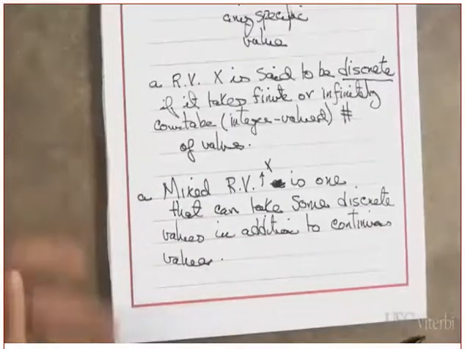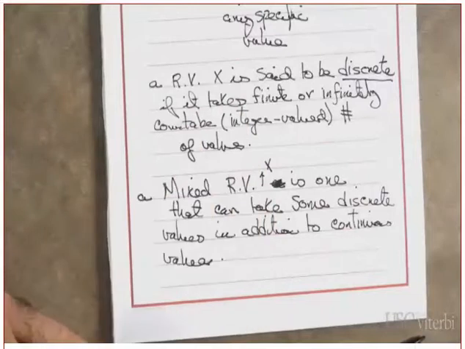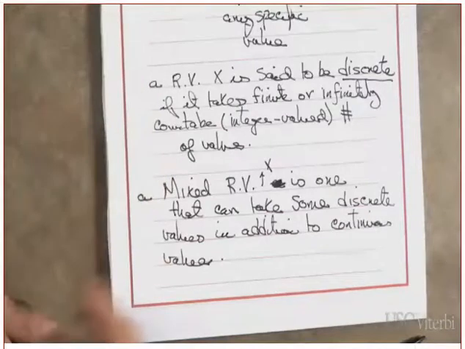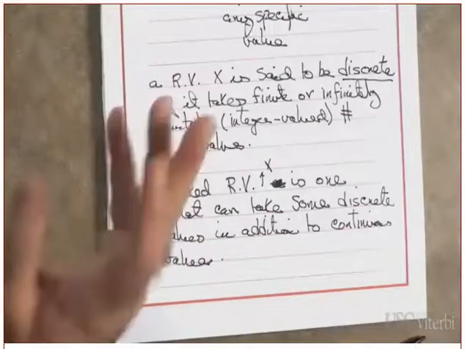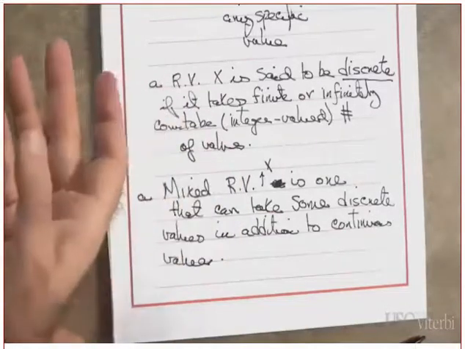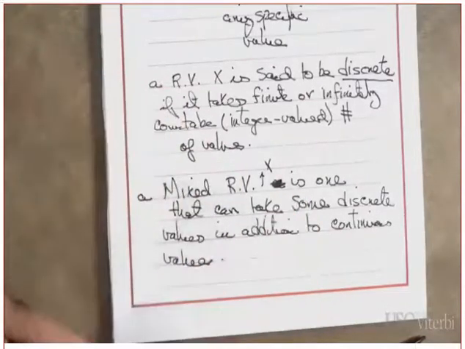What does it mean? Listen to this. I tell you X can take values of 0, 1, 2, and anywhere between 3 and 4. How many values are there between 3 and 4? Infinitely uncountable number of values. But it also can take 0, 1, and 2. So 3 discrete components, and then a continuous component. Clear? Okay.